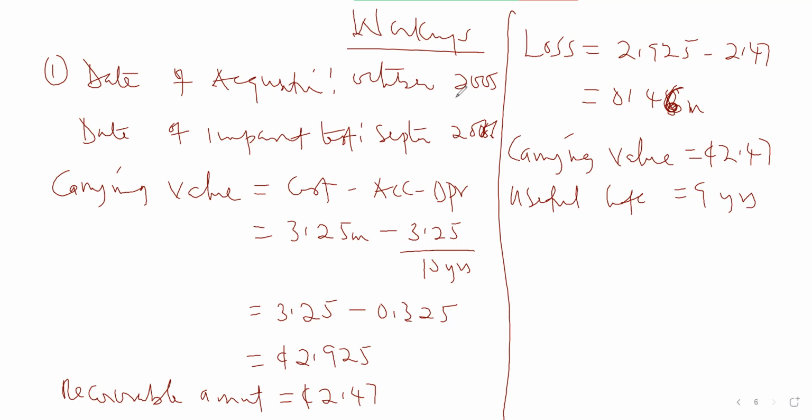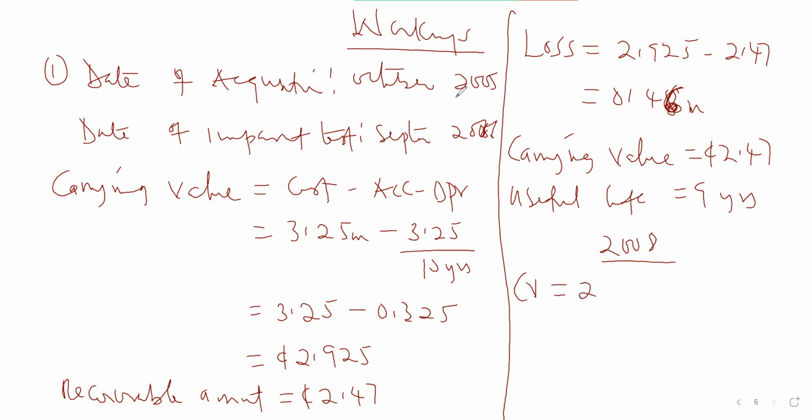2008. So how many years after the first impairment? 2 years. On 2008, what we need to know now is our carrying value and also the recoverable amount. How do we calculate our carrying value?